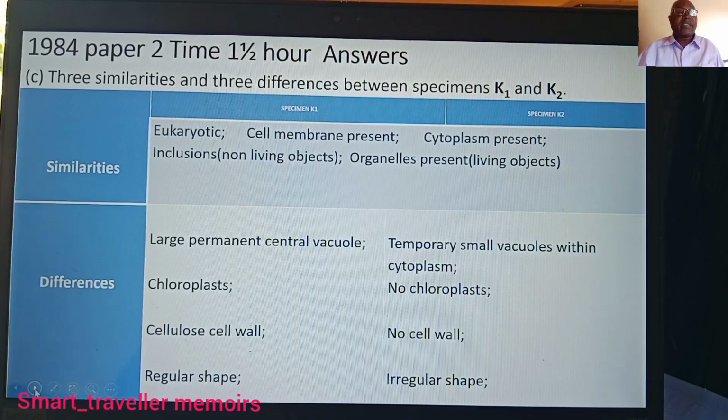For similarities, they are eukaryotic, they have cell membrane present, they have cytoplasm present, they also have inclusions or non-living objects, and finally both of them have organelles present, which are the living objects.